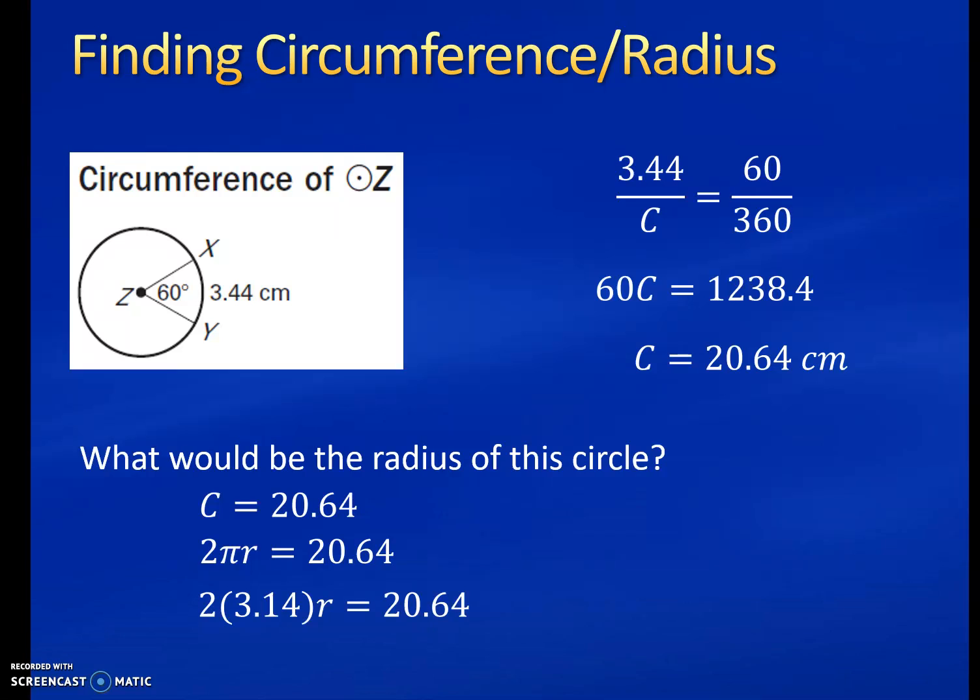So a good idea might be to convert the 2 times pi into a number, and then divide that. But if you just want to take the 20.64 and divide it by 2 pi, I highly recommend using parentheses when you do that, because if you just type in divide by 2 pi, you're technically dividing by 2 and then multiplying by pi. So either use parentheses or convert it to decimals right away. Anyways, the radius here is about 3.29.